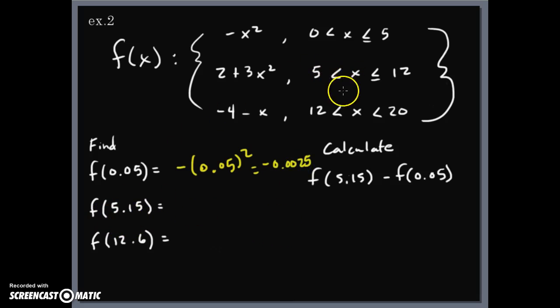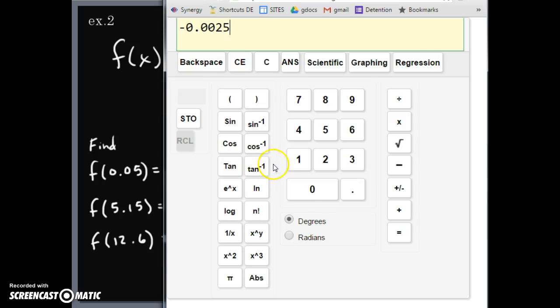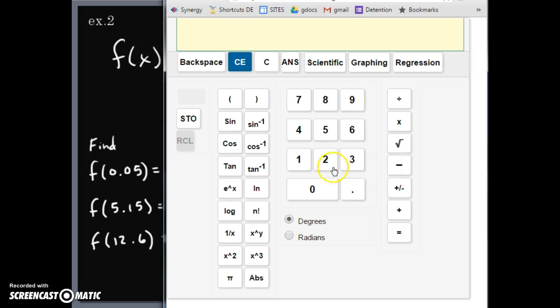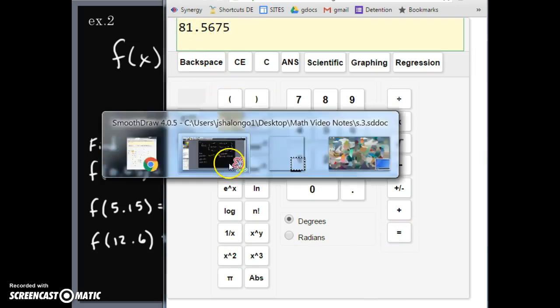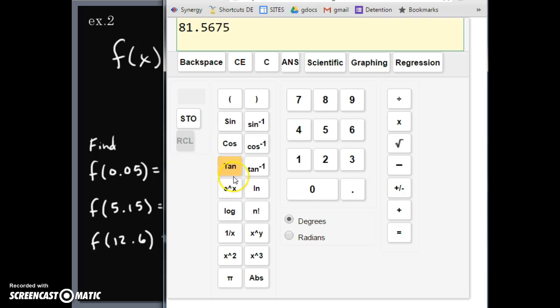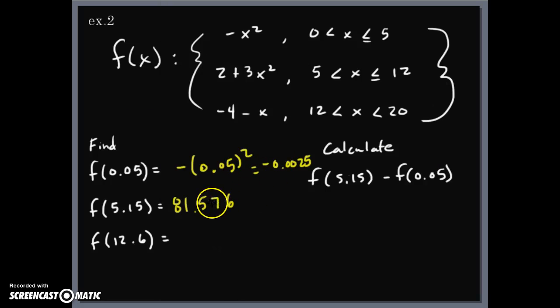5.15. 5.15 is greater than 5 but less than 12. So I'm going to put it into the top equation. So 2 plus 3 times 5.15 squared equals 81.5675.